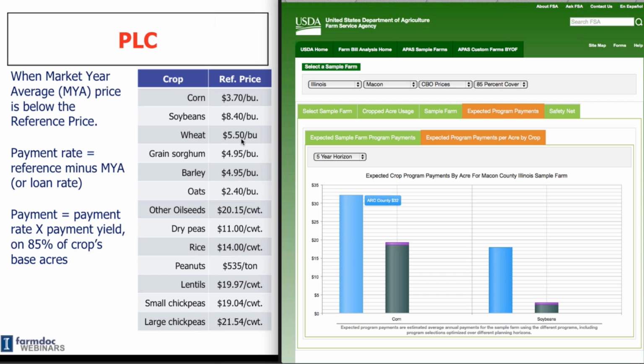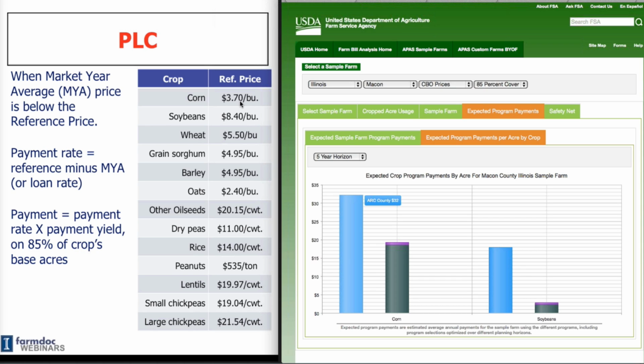So a question came in: What about PLC in 2014? Let's just talk about this in corn. Corn PLC, the reference price is $3.70. The market year average price is the average of all cash prices in the U.S. It began to be set in September 2014 and will end calculations in August 2015.